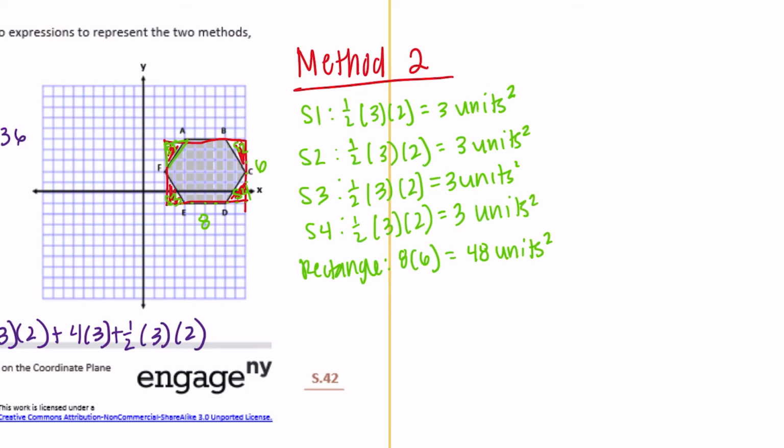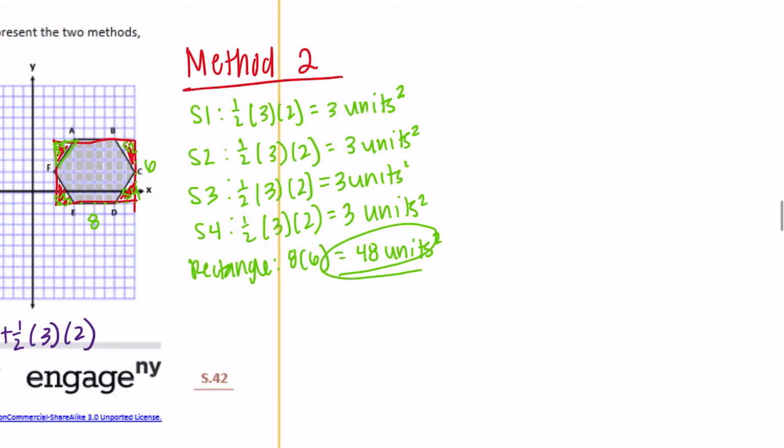So I take my 48 units and subtract all of shape 1, 2, 3, and 4 out. So 48 minus 3 minus 3 minus 3 minus 3, or 48 minus 12, would give me 36 units squared.